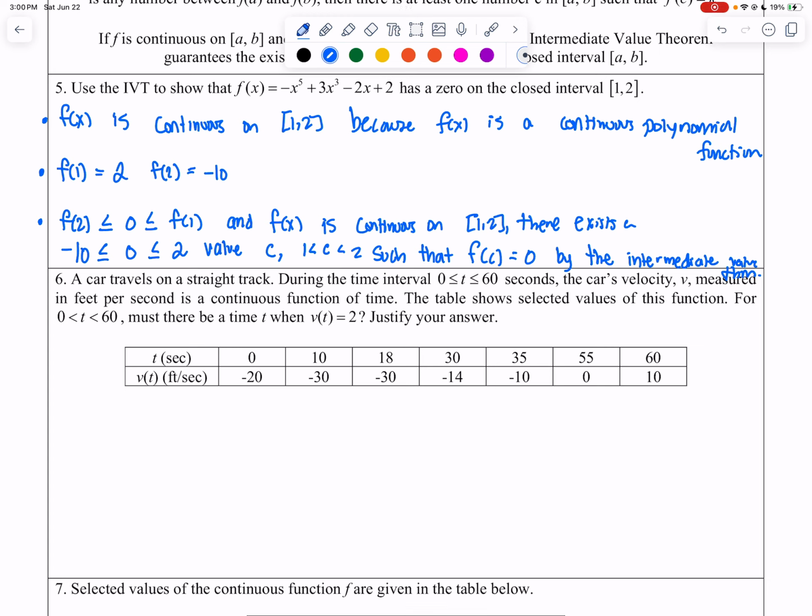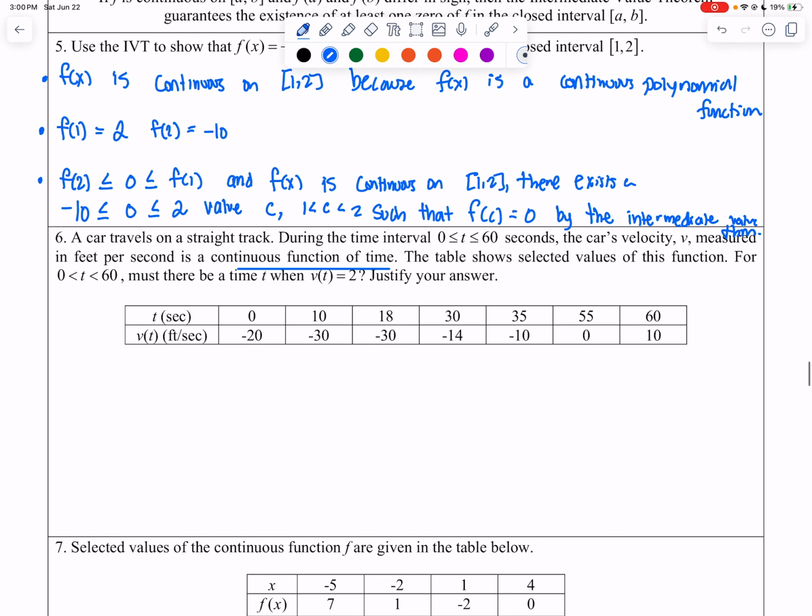All right, we're going to do the same thing here for number 6, where we have a car that travels on a straight track, and it says that it's a continuous function of time, and we have selected values of this function for 0 to 60. Must there be a time t when v of t is equal to 2, and we want to justify our answer.